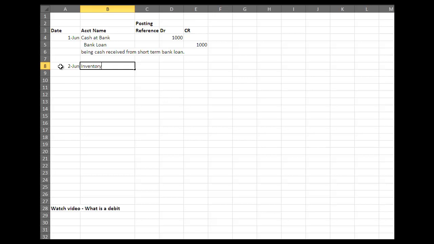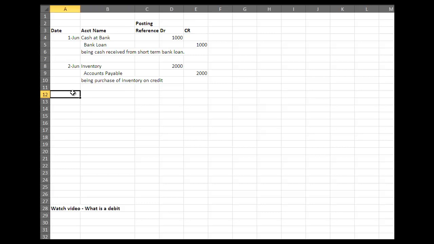So inventory, $2,000. And what's the liability? Well, we purchased on credit, so it's going to be accounts payable. Accounts payable, $2,000. And being purchase of inventory on credit. And you probably put down there who it was from, and could be details like invoice numbers.